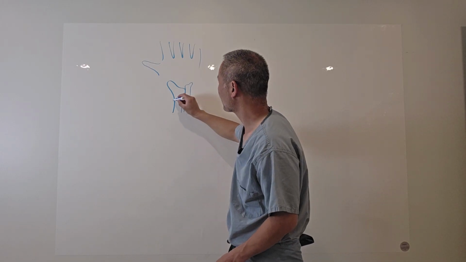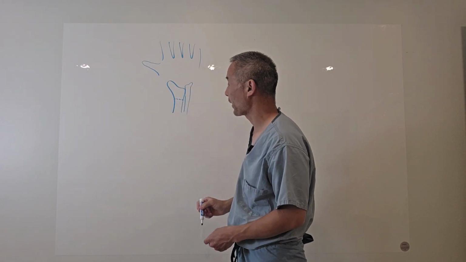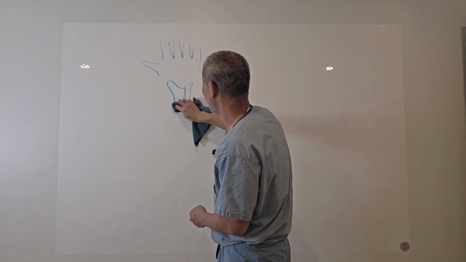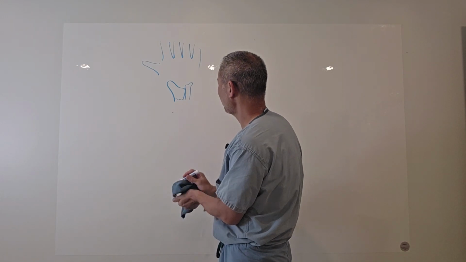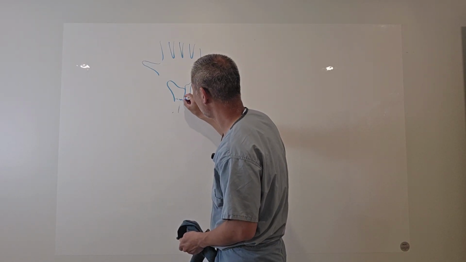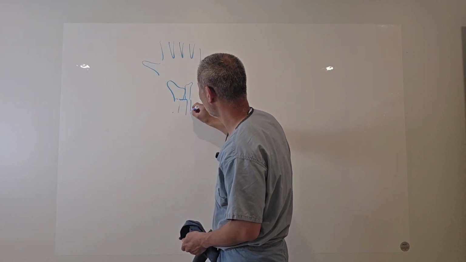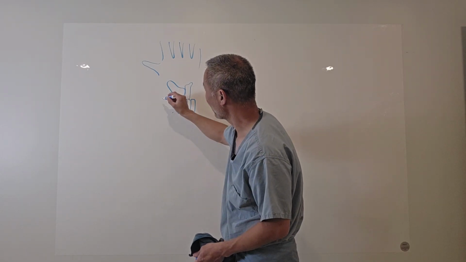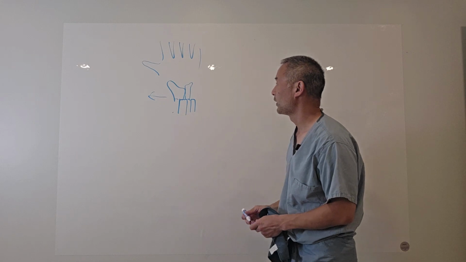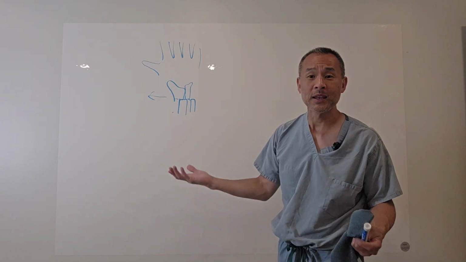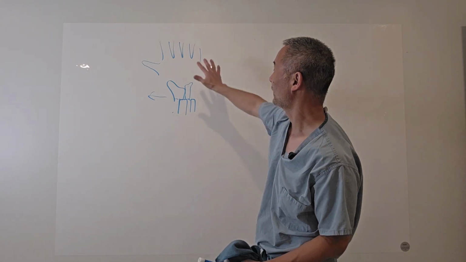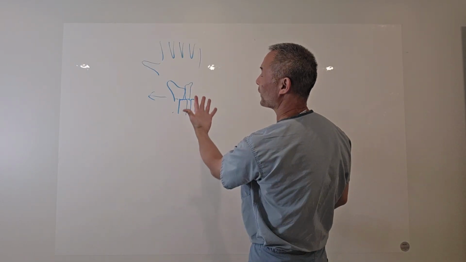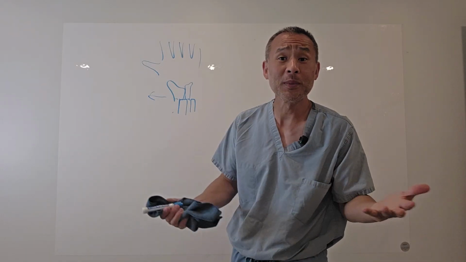Now, if this fractures and it moves one way or the other, let's say for argument's sake, the fracture went this way. Right, so the ulna is now over here. So everything moved that way. Well, which way is it? Is that medial or lateral? Because if this were your right hand, we'd say that's medial. But if this were your left hand, it'd be lateral. So it could be confusing.